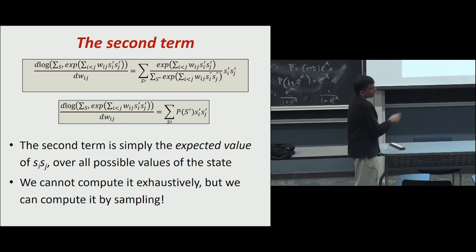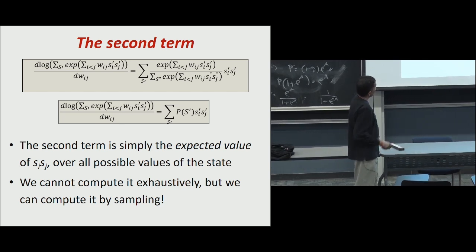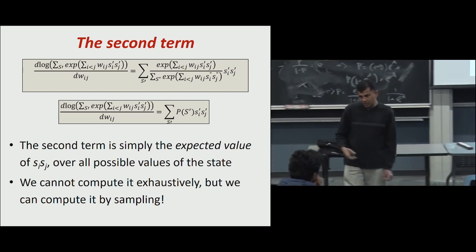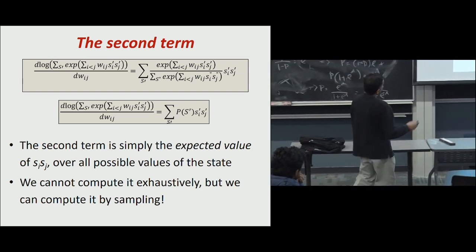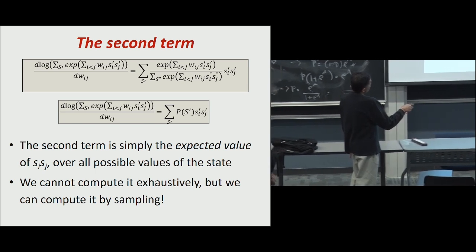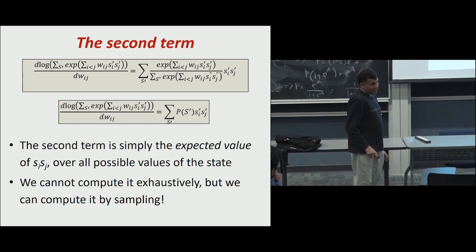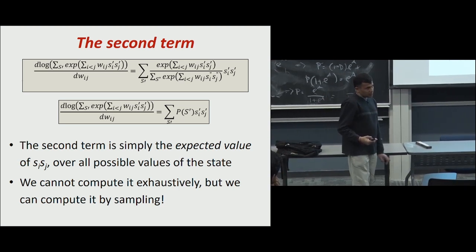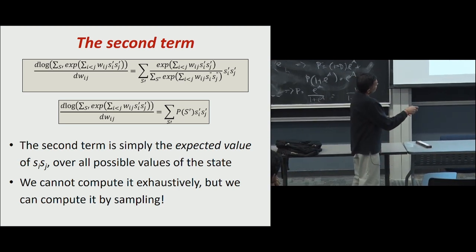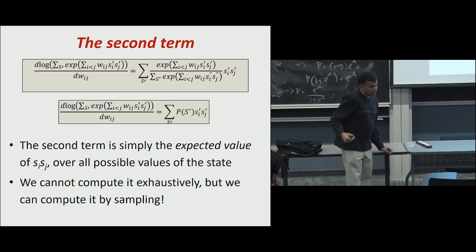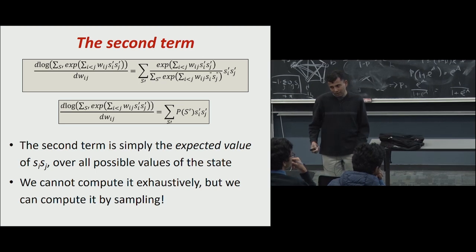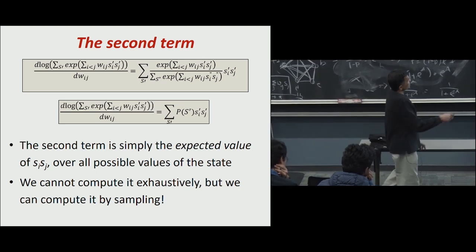So I get the summation over all of the states, not the training set, all of the exponential number of states, right? Then because this is an exponent, the exponent also stays. And then finally you take a derivative of the argument of the exponent with respect to the weight. That's simply going to give you the product of the state values itself, because the W goes away. What is this term over here?